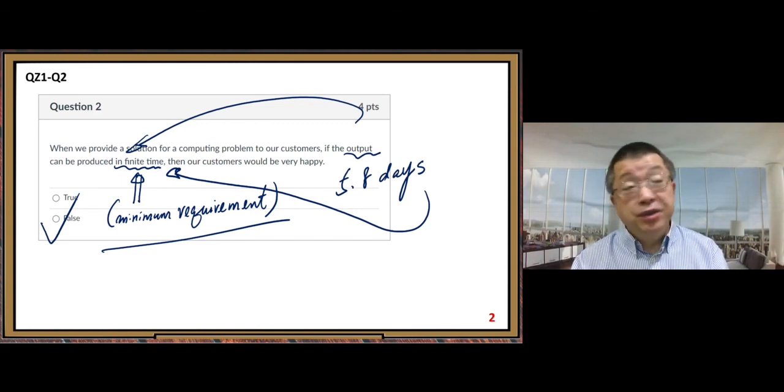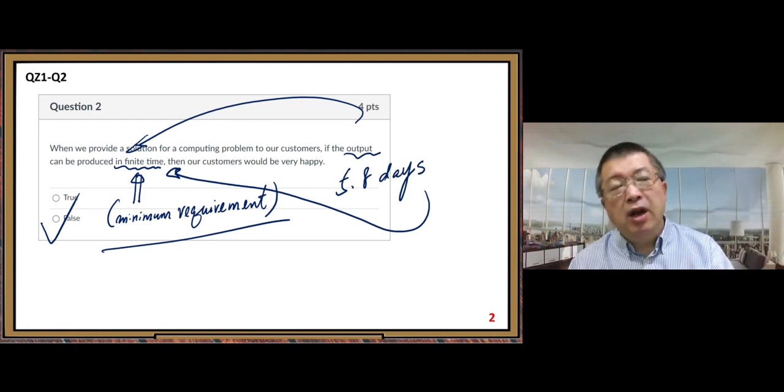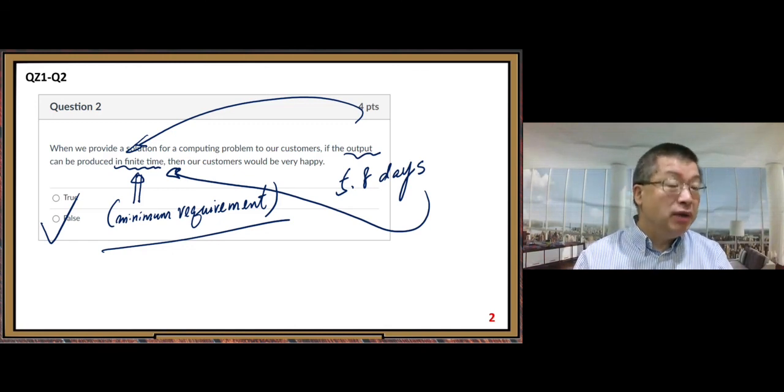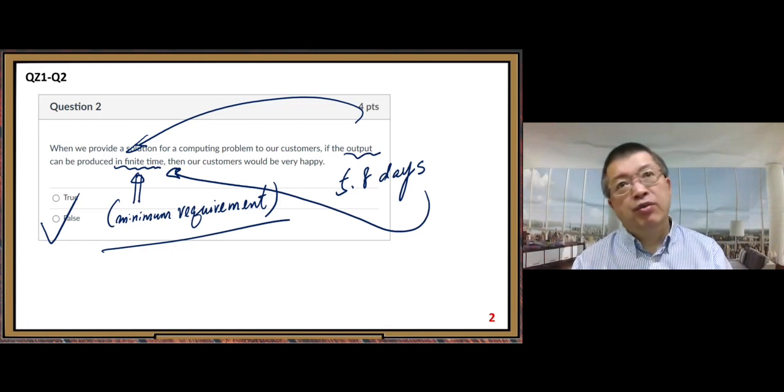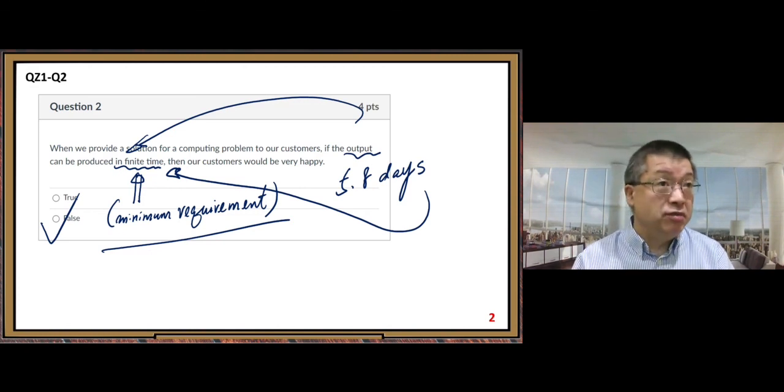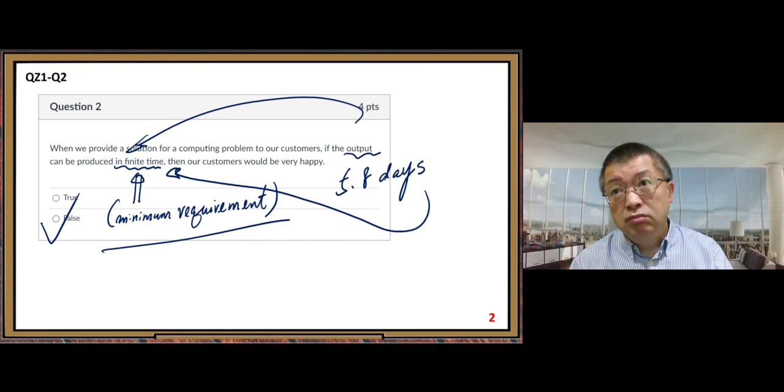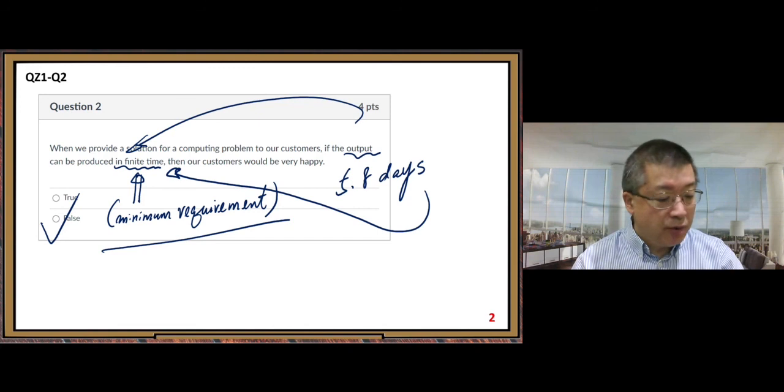But it is not easy to describe what you mean by good performance, right? Regarding the problem. If the problem is very hard, then your customers are probably willing to wait a little longer, right? If the problem is relatively small, they don't want to wait, even 3 seconds, that's too long, right? Even 3 seconds, sometimes it is too long. So think about that. All right? So that is question number 2.